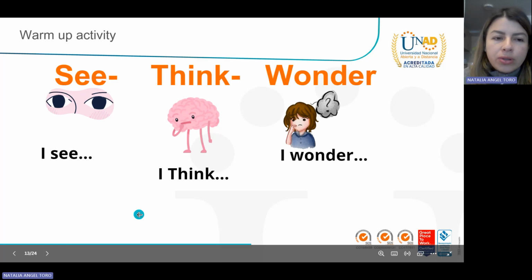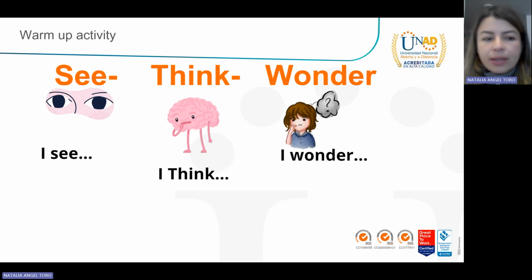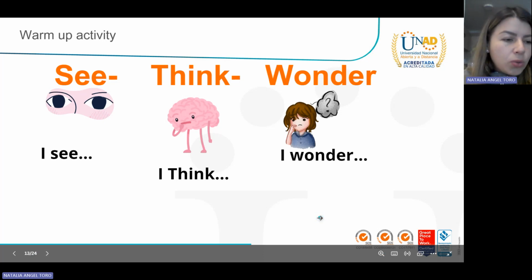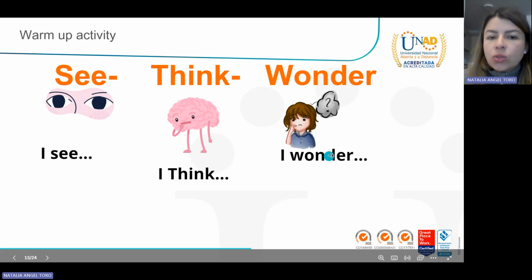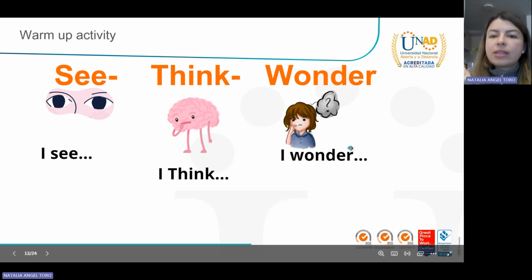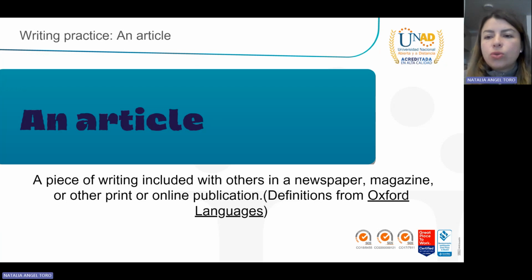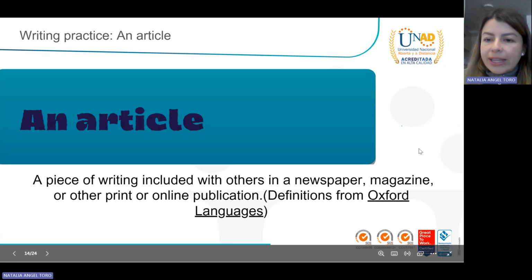I know you are doing your observation practice, so this kind of activity is not my creation. It is a common activity known in the English language to involve the students, to make them part of the activity, to think, to express ideas. So it's a great activity if you want to use it in any class.